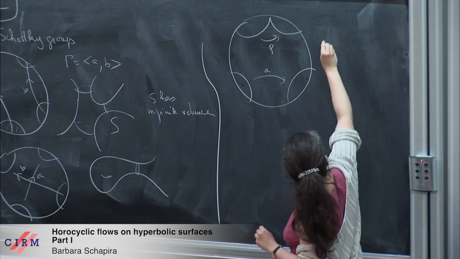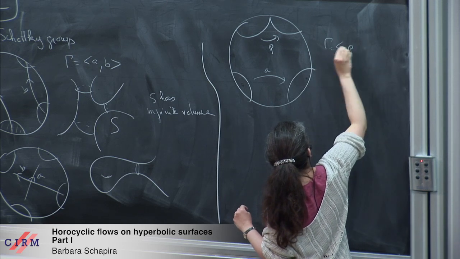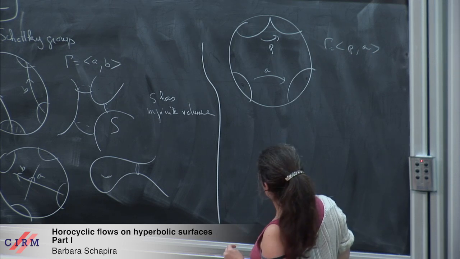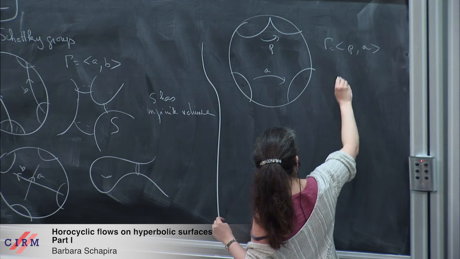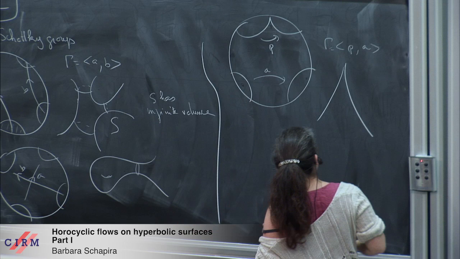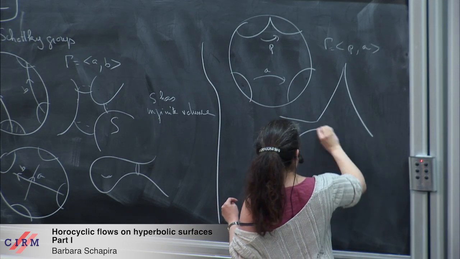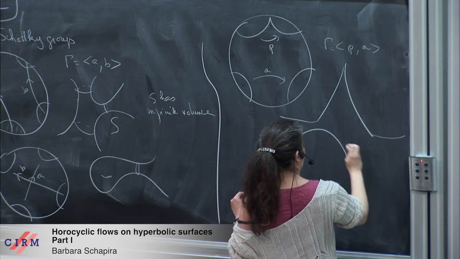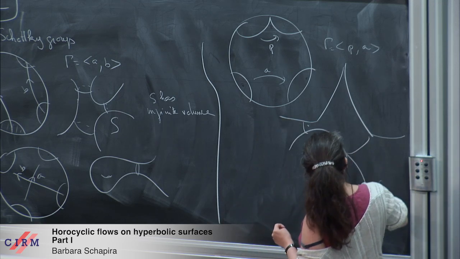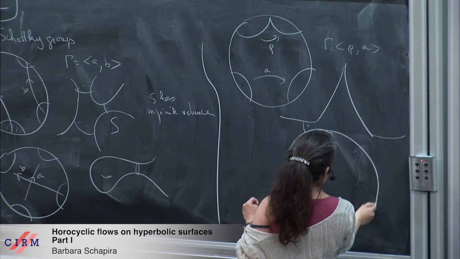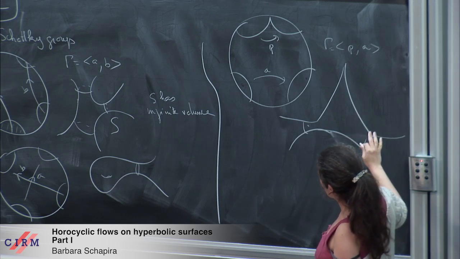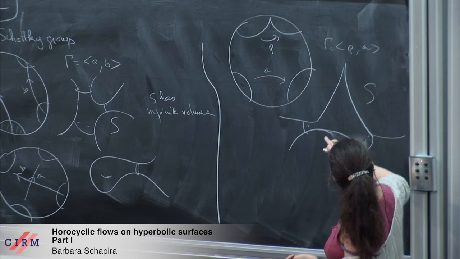And if you look at the group generated by this, I'm not sure I'll succeed in doing a good picture, but it should be something like that, with a finite volume end corresponding to this part. I'm sorry, I have never been able to do nice pictures. Something like that.